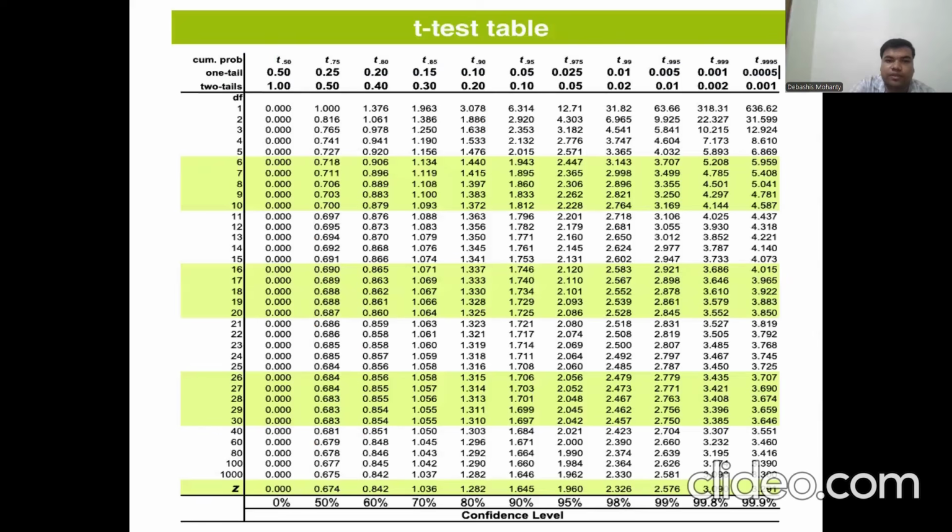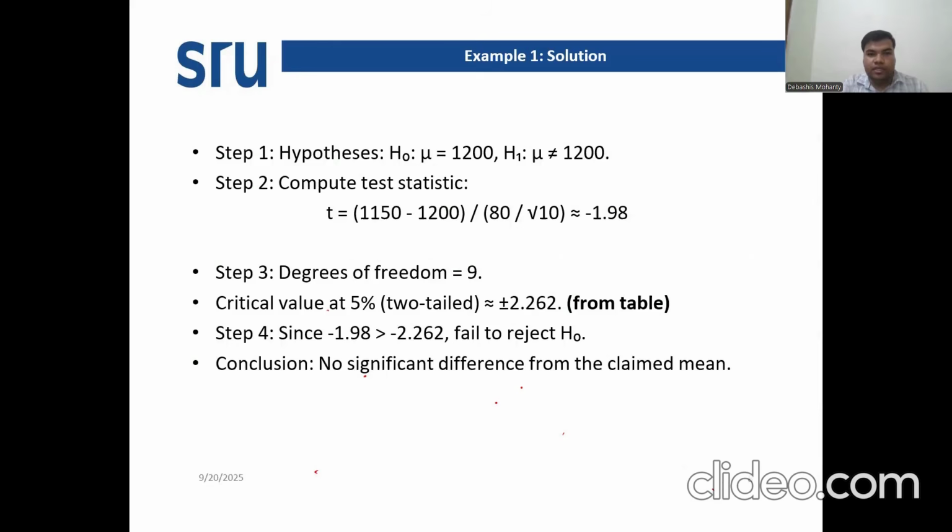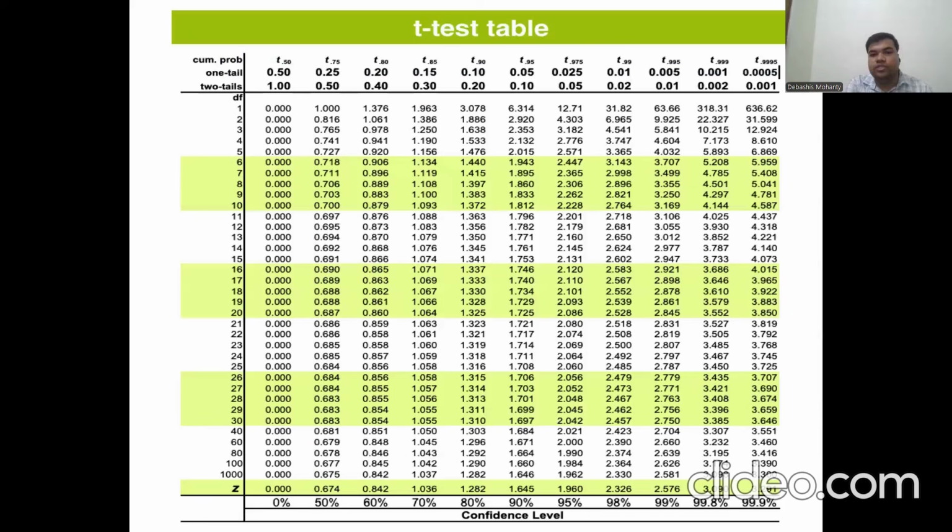Students, coming to the second, this is the t-test table. T-test table means here we see the statistic value at degree of freedom 9, how we get 2.262. So here you will see this is the 9, degree of freedom is 9. So in the ninth row, we have to see at 0.95, meaning the 5% level, this value.